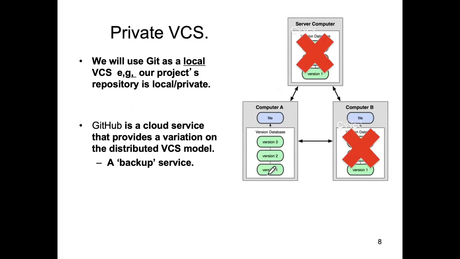So if this is your machine, you have a Git repository for a particular project on it, and you push that repository up to GitHub. All GitHub really is, is a backup of it. There's no underlying synchronization going on between the repository that resides on your machine and the repository that sits above on your GitHub account.